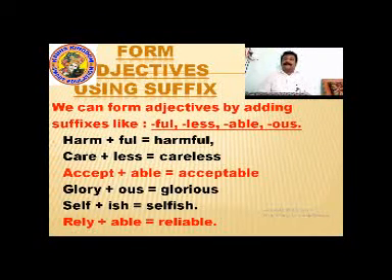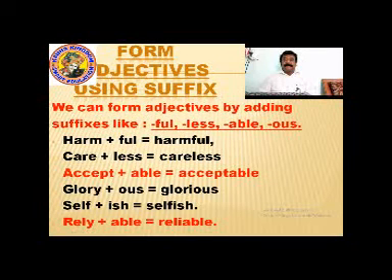or OUS. For example, let's see harm, HARM, harm plus FUL becomes harmful. It's an adjective. Care, CARE, care plus LESS. LESS is the suffix added after the root word, that is care, careless.